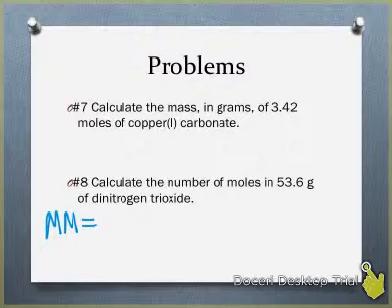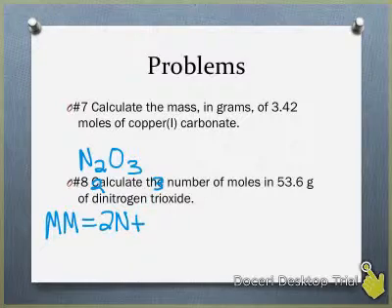Right there. So what is the prefix di? 2. What is the prefix tri? 3. So what is my chemical formula here? N2O3. So now I need to find my molar mass, right? How many nitrogens do I have? 2. How many oxygens do I have? 3.